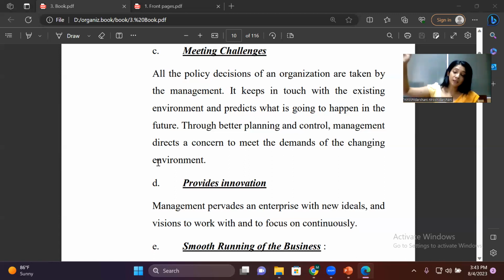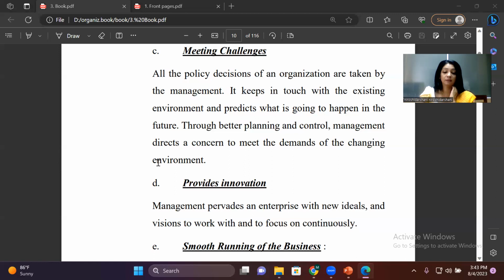Sometimes the medium scale businesses are collapsing, but the small scale businesses are surviving. Why? Because they know very clearly what to do and how to do it. Once they know what the plan is, they can meet the challenges very easily.